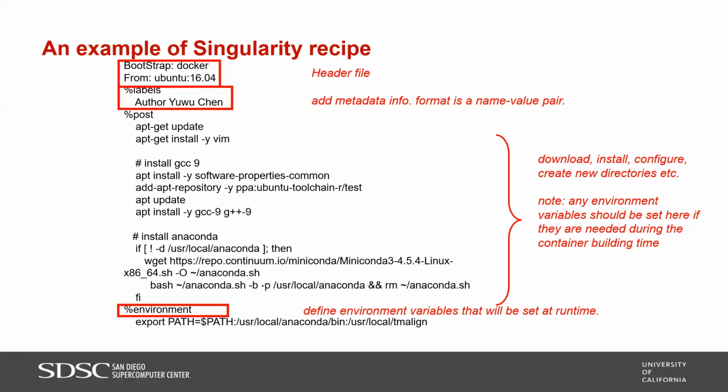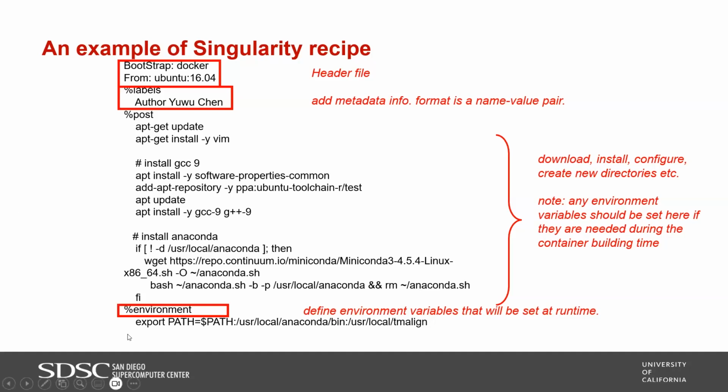It can download, install, configure, create new directories, and do many other things at the image building time. And any environment variables can also be set here if they're needed during the container building time.